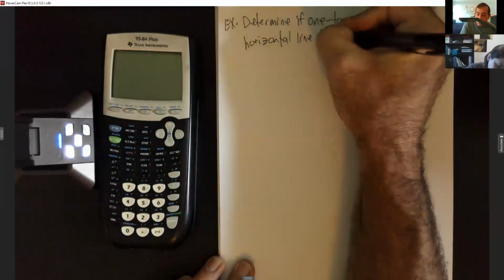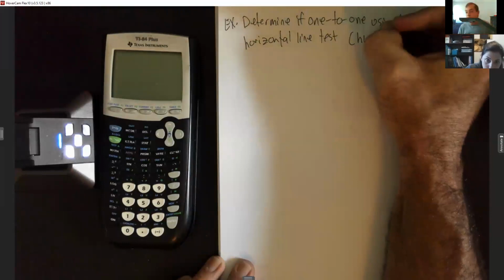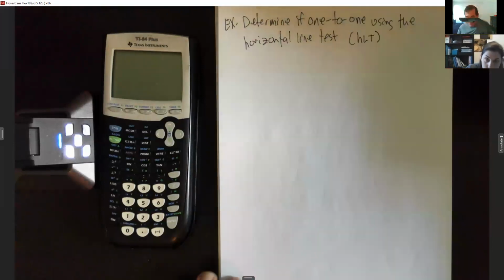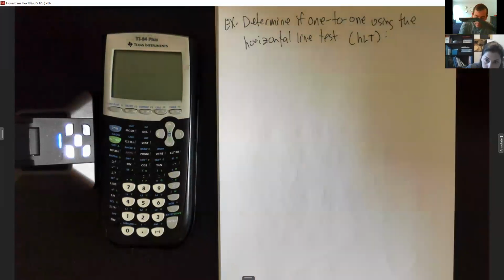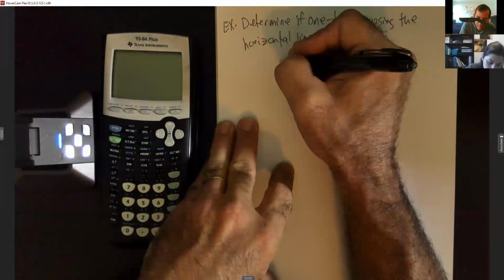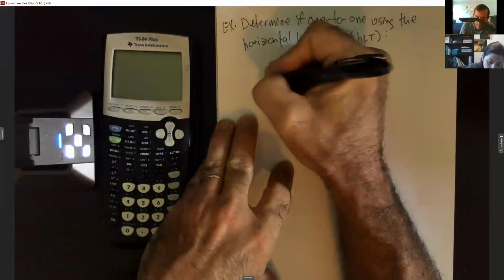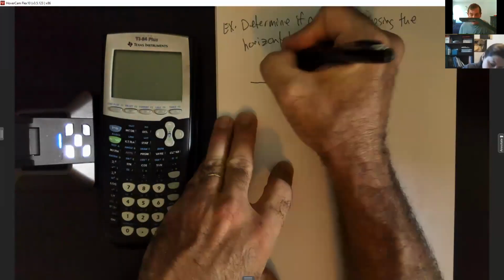In the future, I might call that the HLT, the shorthand. All right, so I'm just going to have a few pictures here. So there's my X and my Y.